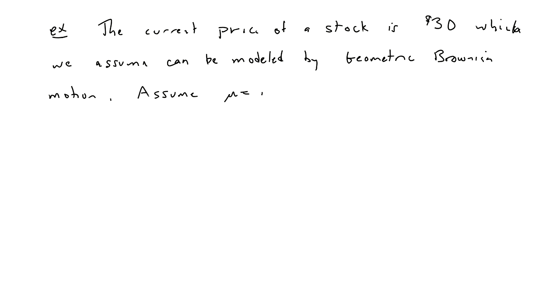Assume the drift parameter is 0.1, and assume the variance parameter is 0.01, or sigma is 0.1. As with the earlier example, I have no idea if those numbers make sense. I would assume mu isn't too bad, because if the inflation rate is 1%, that's relatively close to where we are now. It would probably be a bit more than that, but I don't know if those are good numbers.